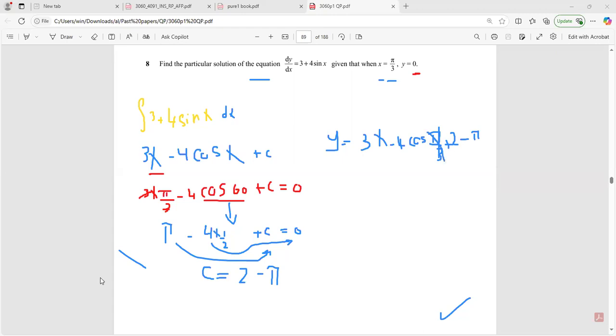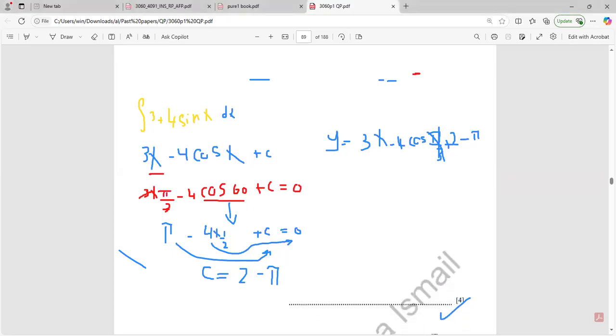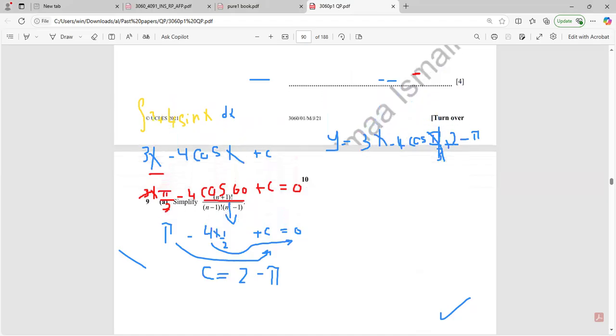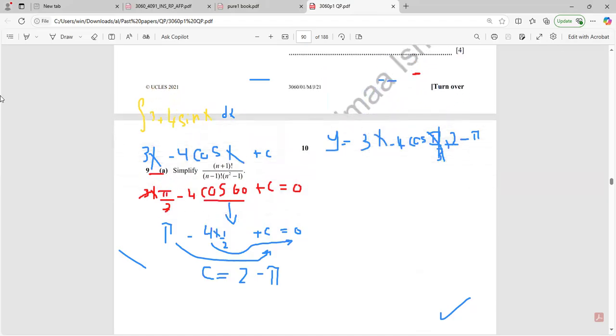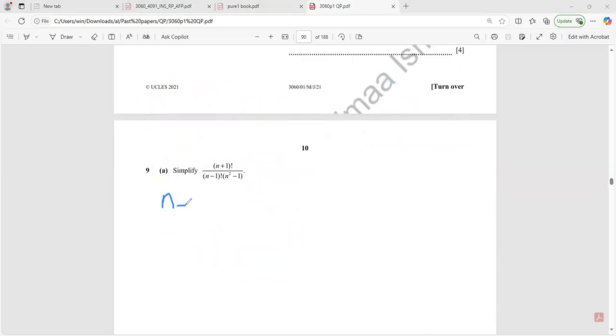Okay, let's see the next. Okay, here he asks you to simplify. In this question, we're going to write n plus 1 multiplied by n, then multiplied by n minus 1 factorial, divided by n minus 1 factorial.